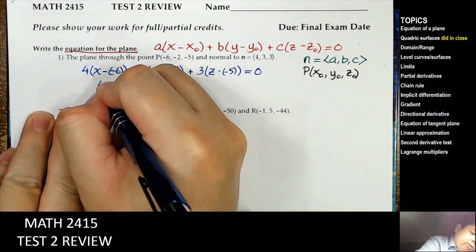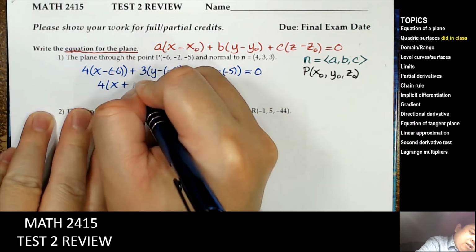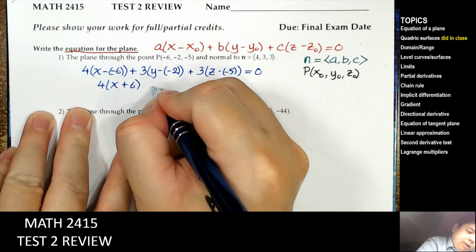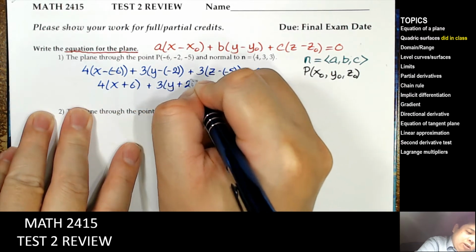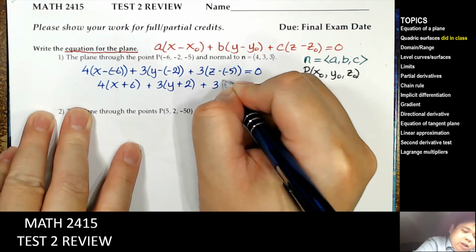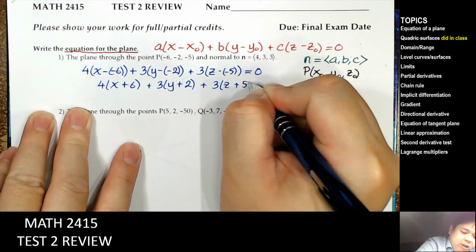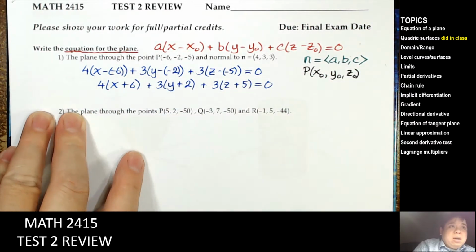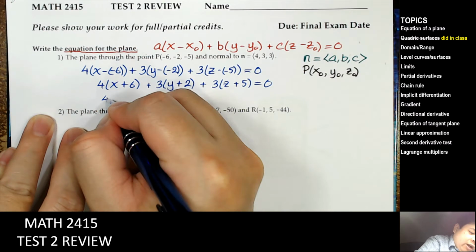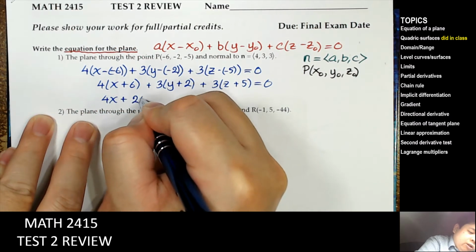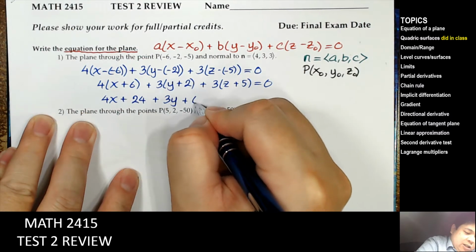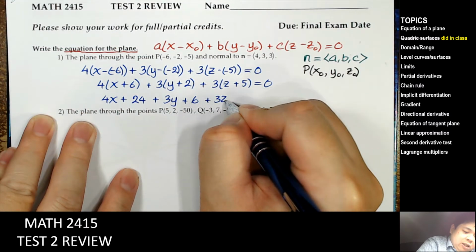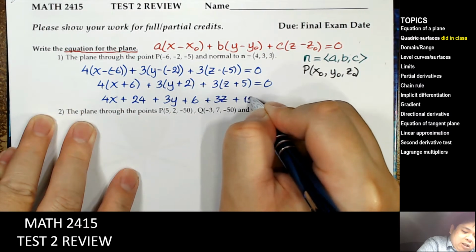So we're going to have 4(x plus 6) plus 3(y plus 2) plus 3(z plus 5) equal to 0. We can multiply it out: 4x and 24, 3y and 6, 3z and 15.